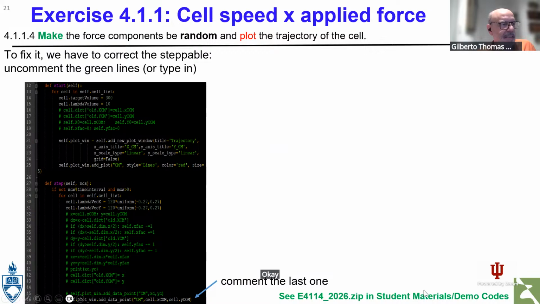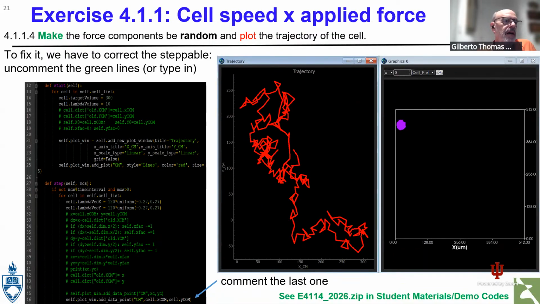Okay, when you do that, now you can run the code again. You have this.